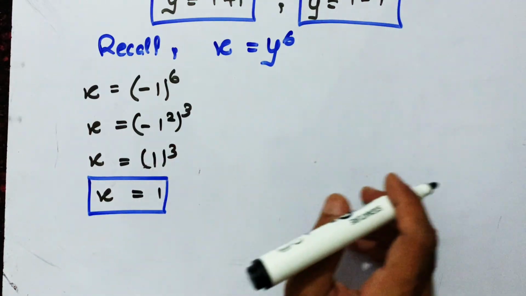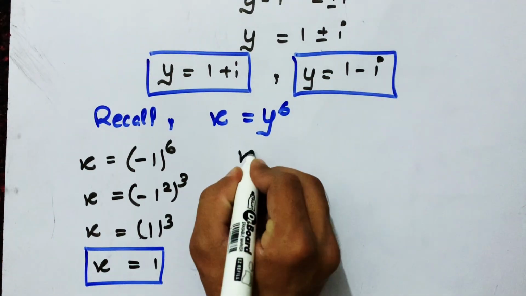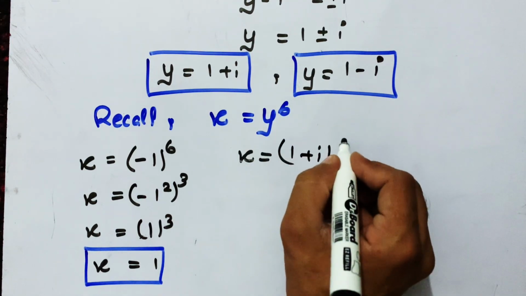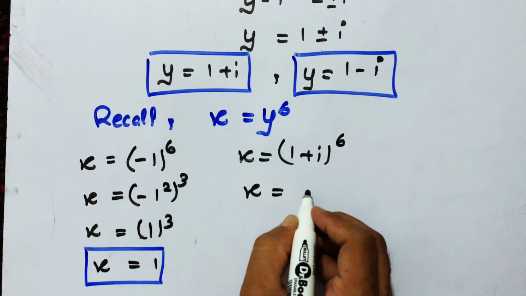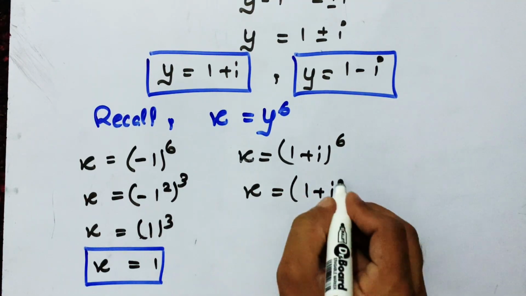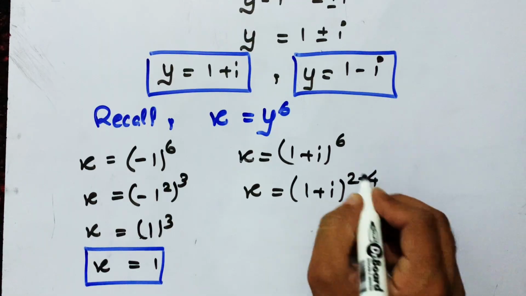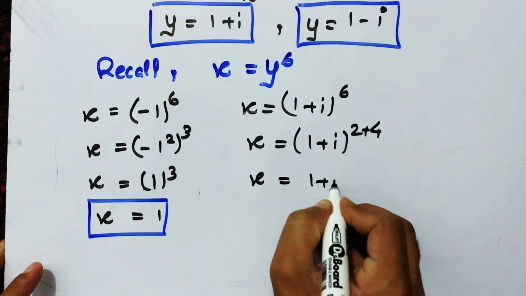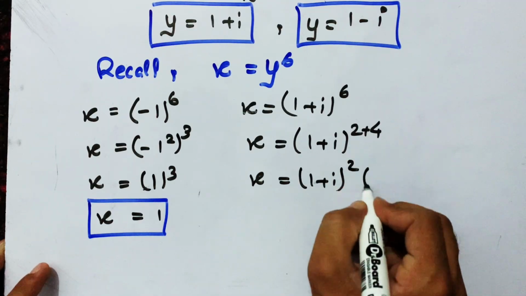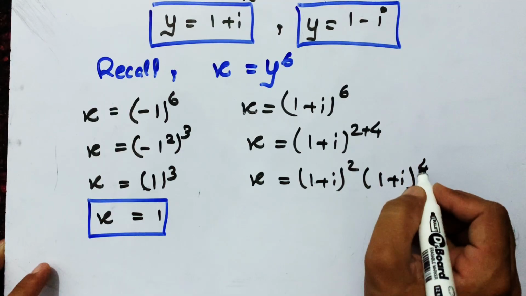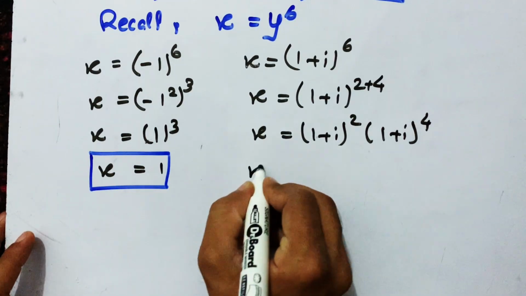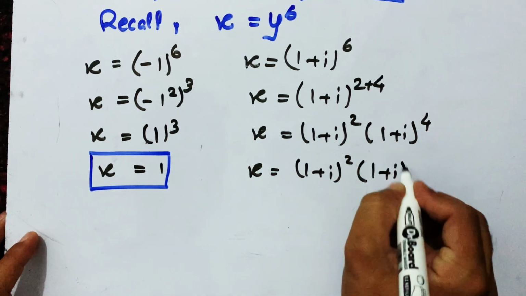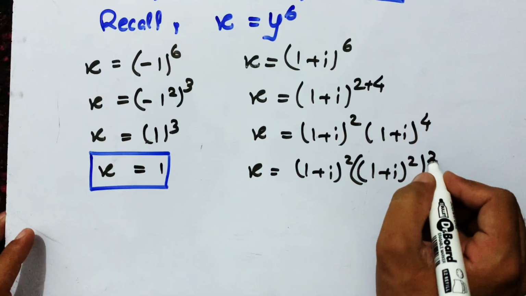Now find the other solutions, where x is equal to 1 plus iota whole power 6. This means x is equal to 1 plus iota to the power 2 plus 4, which is 6. This means separate the solution: 1 plus iota whole square and 1 plus iota whole power 4. So x is equal to 1 plus iota whole square, into 1 plus iota square whole square.